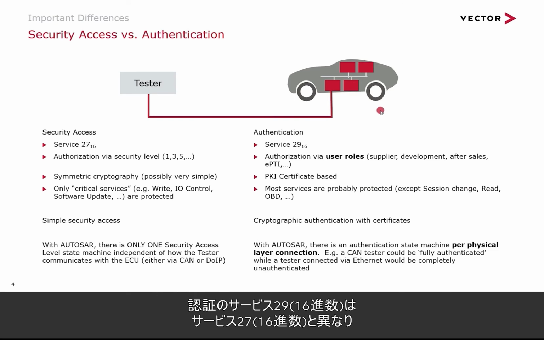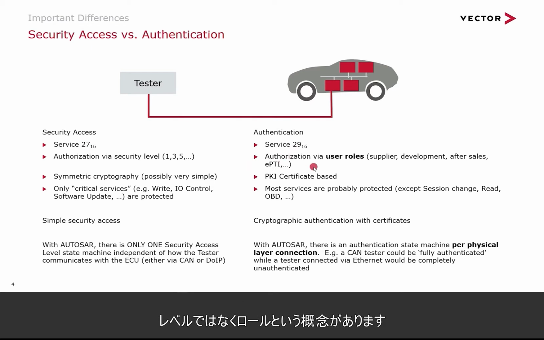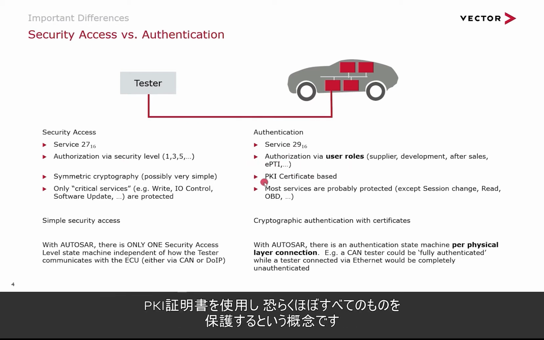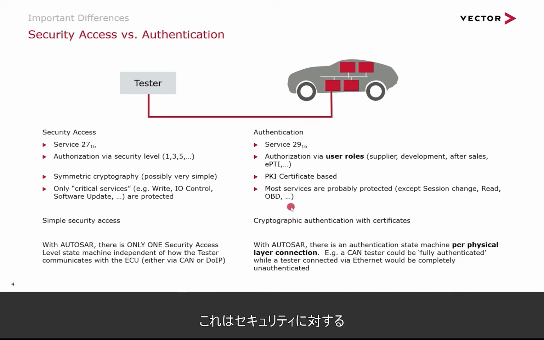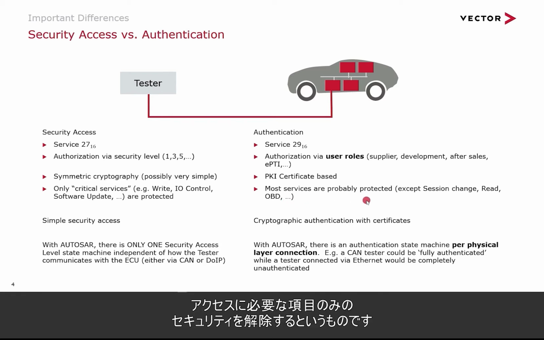So authentication, different service, 2.9 hex versus 2.7. We have a concept of role rather than level. We use PKI certificates. We have a concept that probably nearly everything is protected. This is a more modern approach to security, which is we protect everything and then we poke holes in the security to let people get access where we specifically want them to have access.